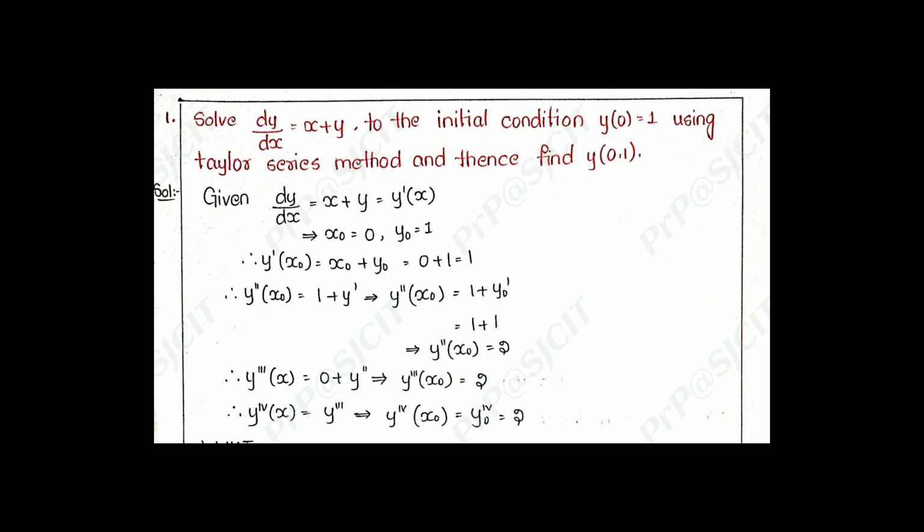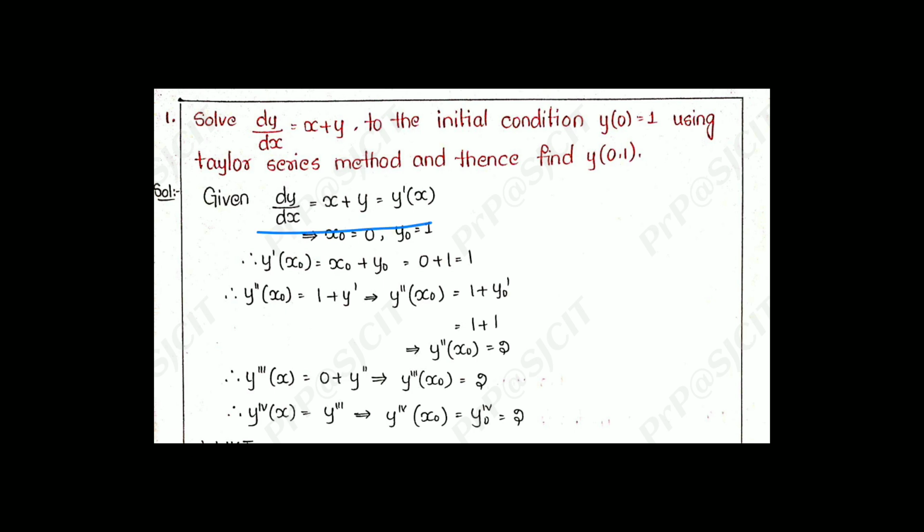The question is: solve dy by dx equal to x plus y with initial condition y naught equal to 1 using Taylor series method, and hence find y at 0.1. So I will solve that.